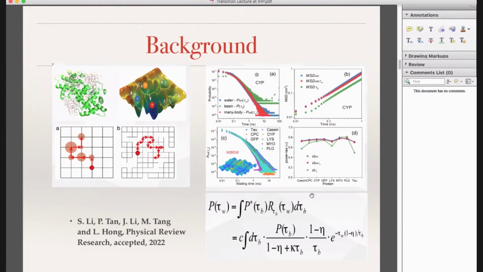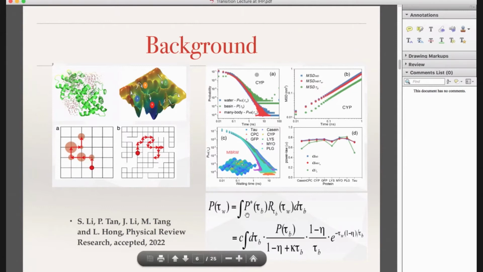This can be explained by this simple integration, where P star is the basin waiting time distribution, while P tau W is the particle waiting time distribution.